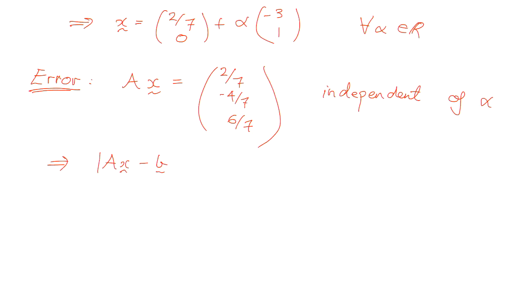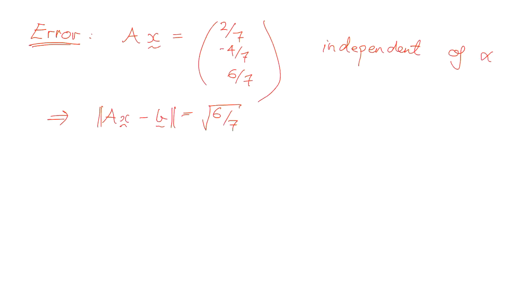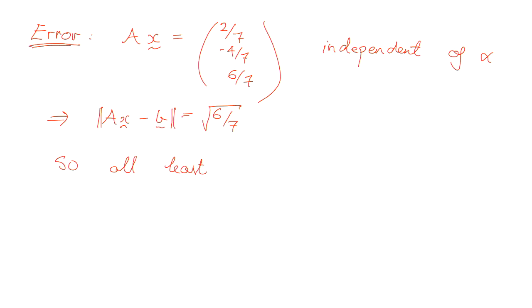And so AX minus b, in this particular case, you crunch it out, has length square root of 6 on 7. So all the least squares solutions have the same error.